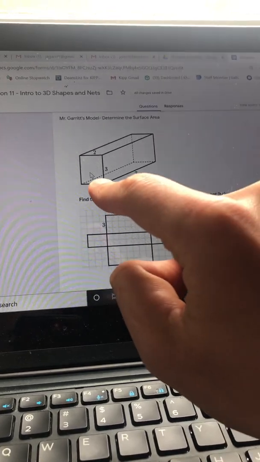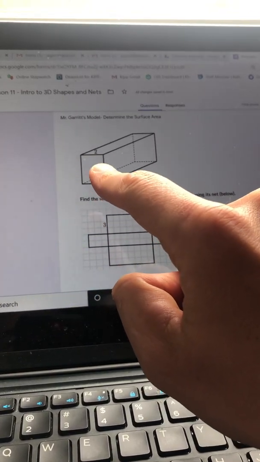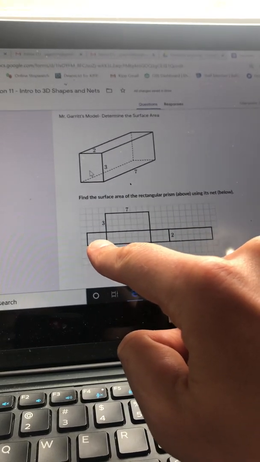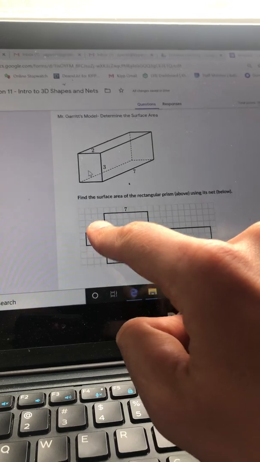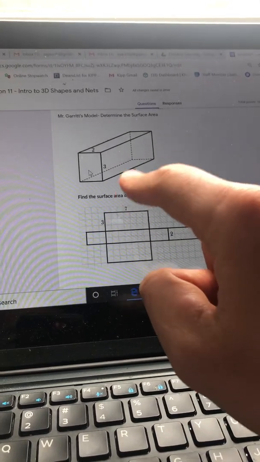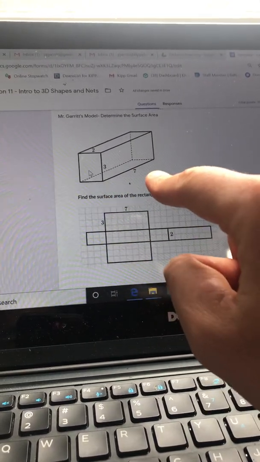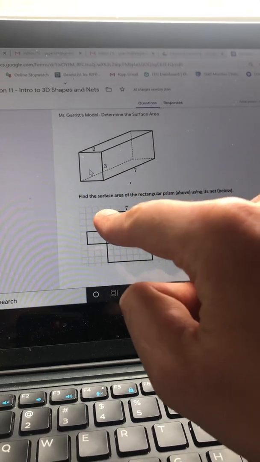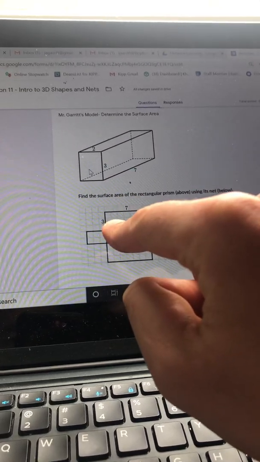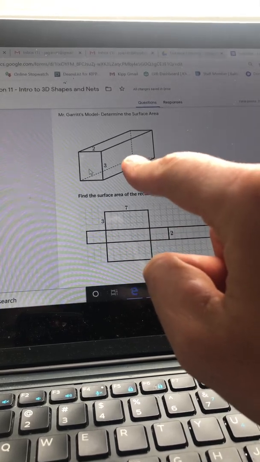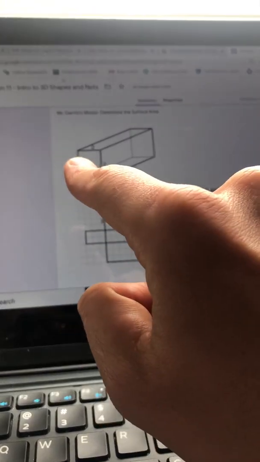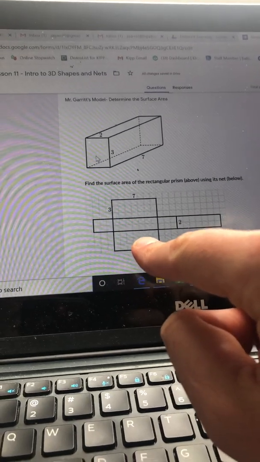So if you look here, my front here is 2 times 3, which is right here shown, which is 6. So the area of the front is 6. Then we're going to look at the side. This side here is 7 and 3. And you can see this is 7 and 3. So the area of the side is 21. If the area of this side is 21, the area of the other side also has to be 21.